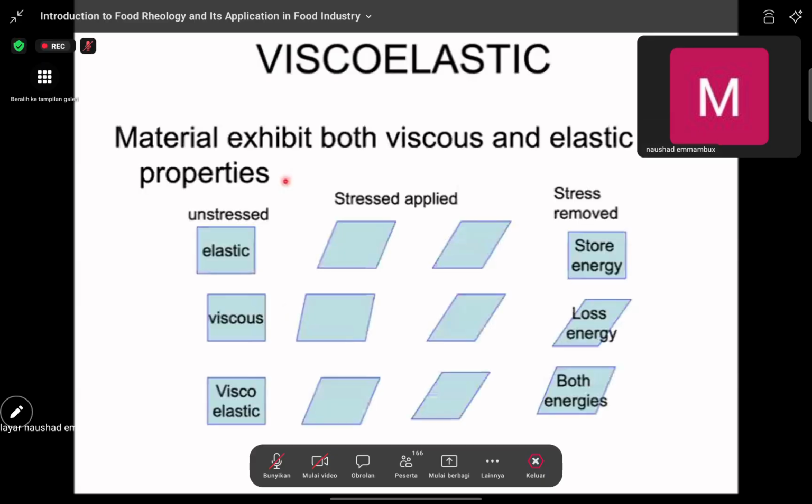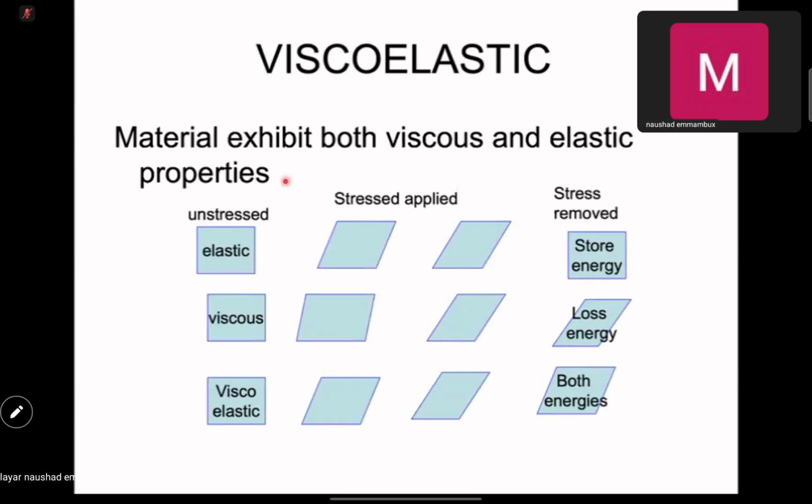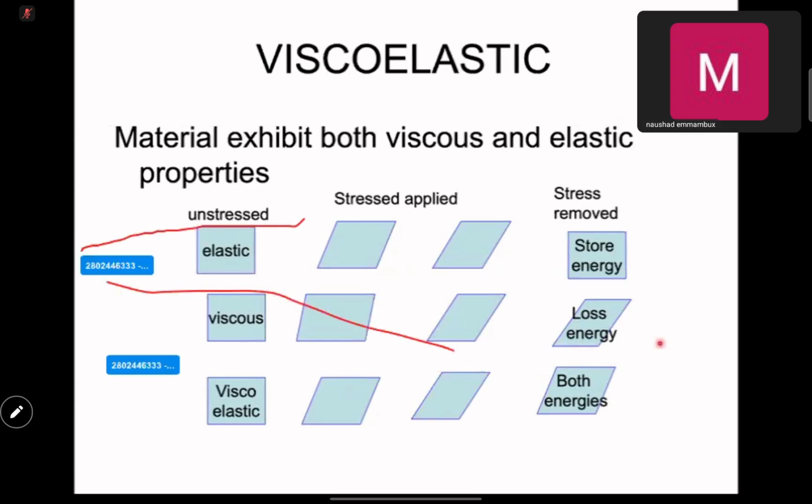Now we come to the term viscoelastic. It's a material that exhibits both viscous and elastic properties. I try to explain this very simply here. I don't think it's that simple, but just for today, we can look at it here.